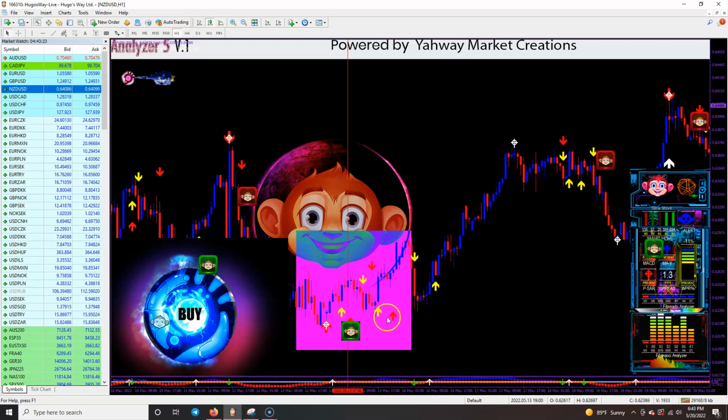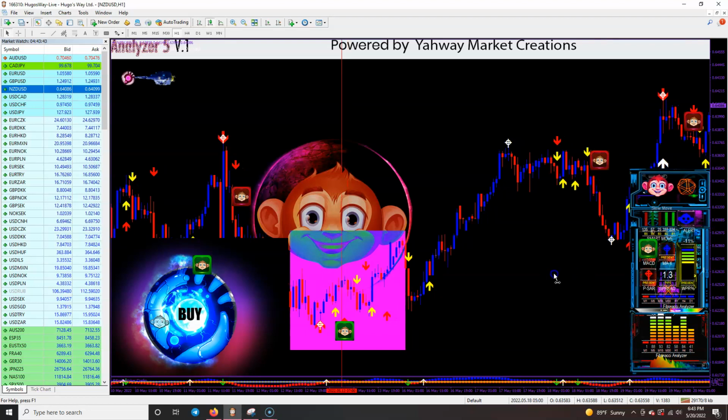When that happened, we also had the orb turning blue, telling us to buy. We also had this Fibonacci analyzer turn blue and let us know that it's good to take a buy.